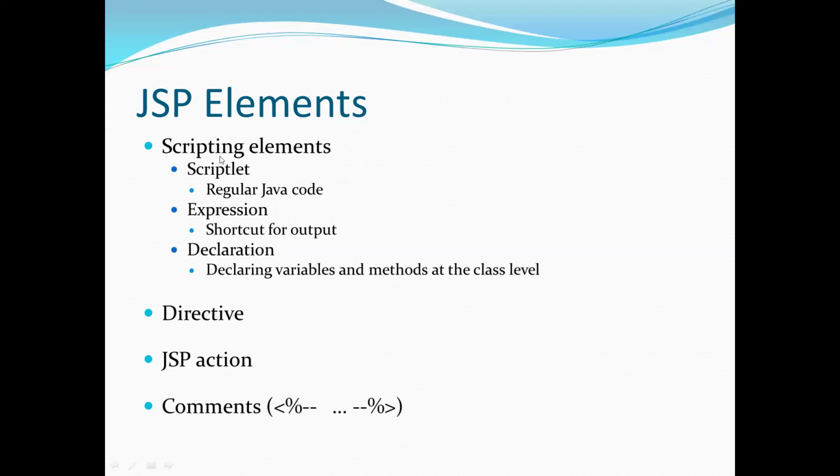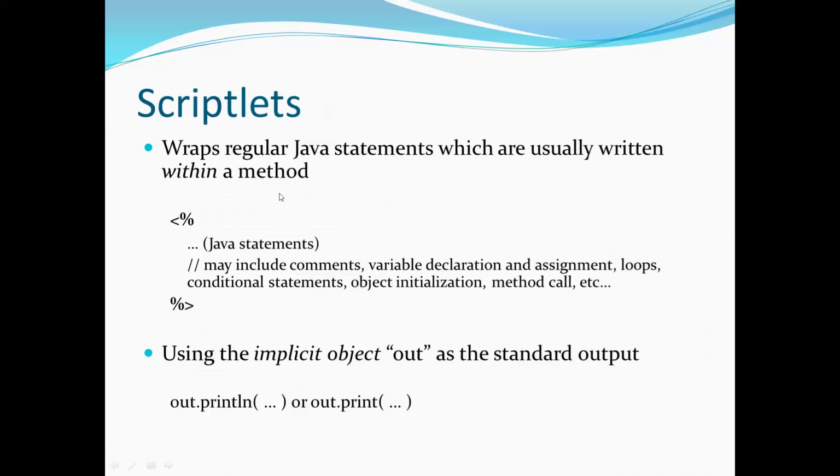These elements are important to understand. The first element is called the scriptlet element. Whenever you use the scriptlet element in JSP, you can write regular Java code, the Java code that you write in the servlet. One by one, I'll explain every tag.